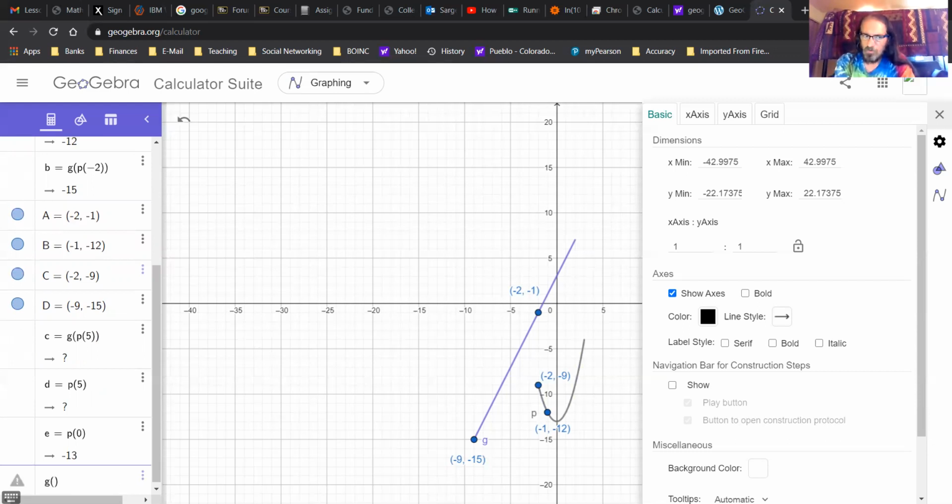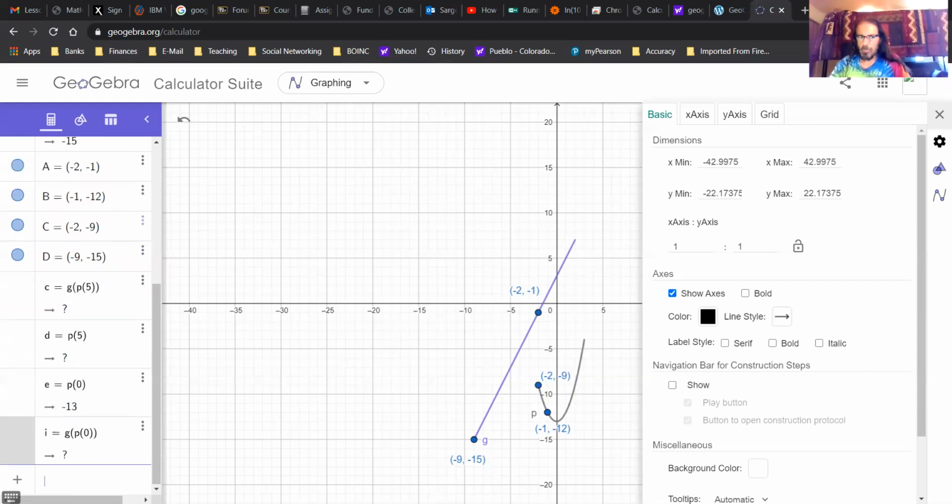So if I try to find g of p of 0, it's going to give me that question mark. Since the output of p at x equals 0 is not in the domain of g, then 0 is not in the domain of the composite function g follows p.